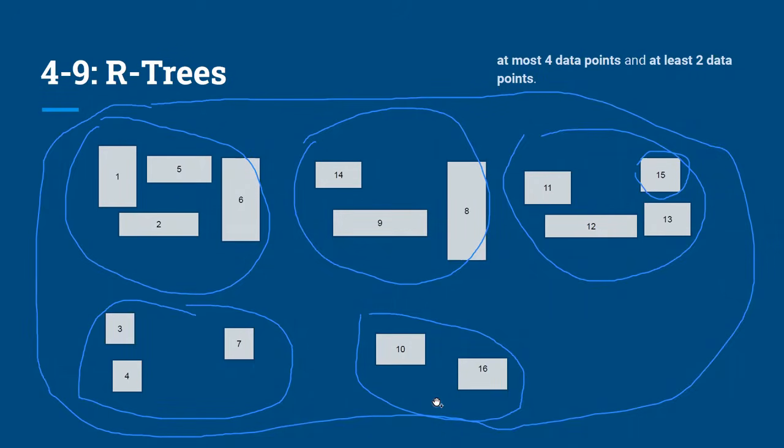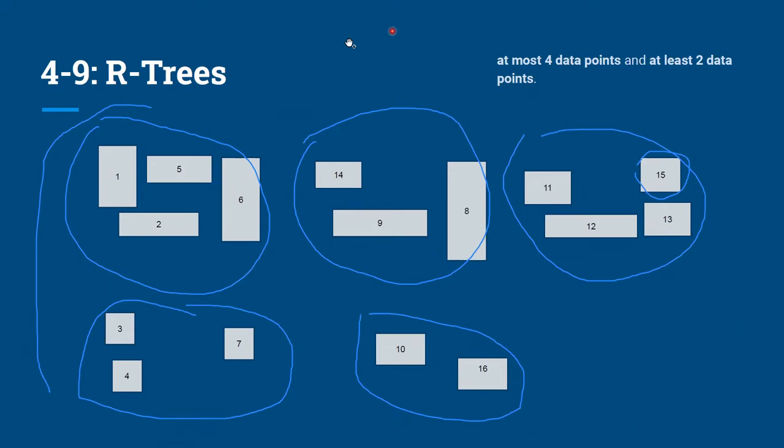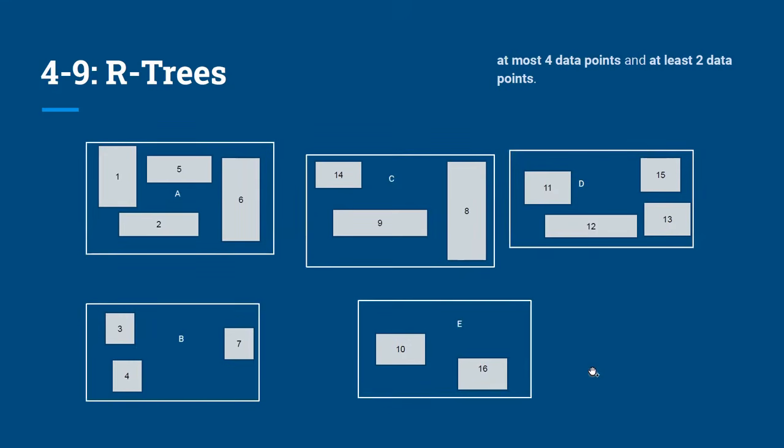So now we want to create another node on this level to split those 5 into 2. How would that look? Let's see. Well, we've got our leaf nodes, A, B, C, D, E, like we said.